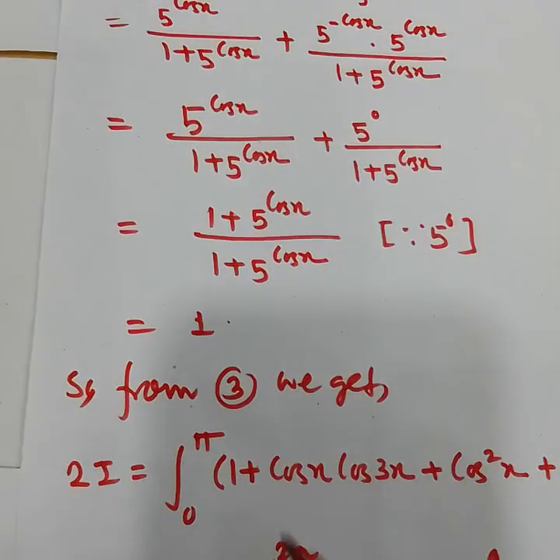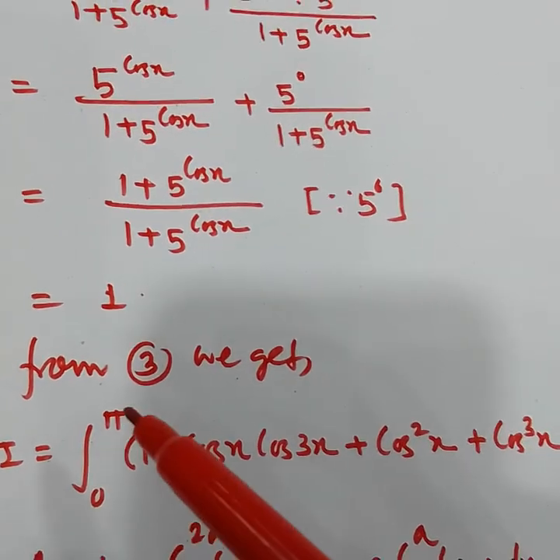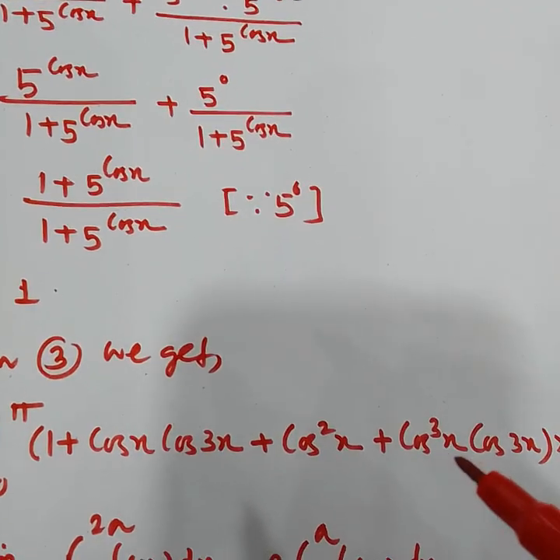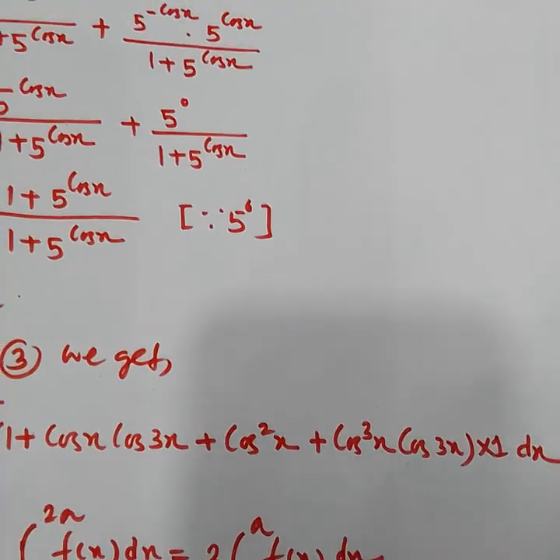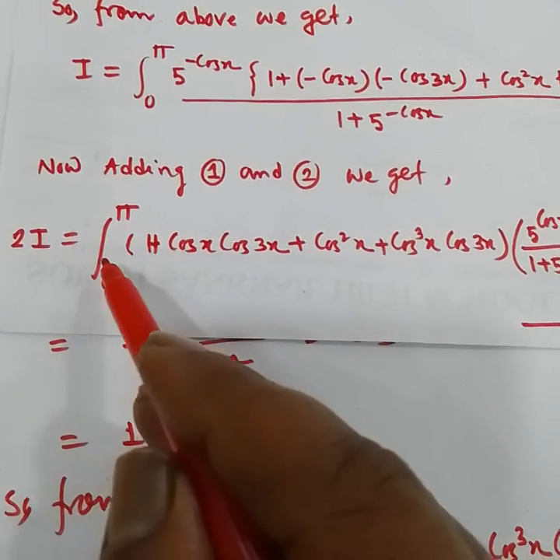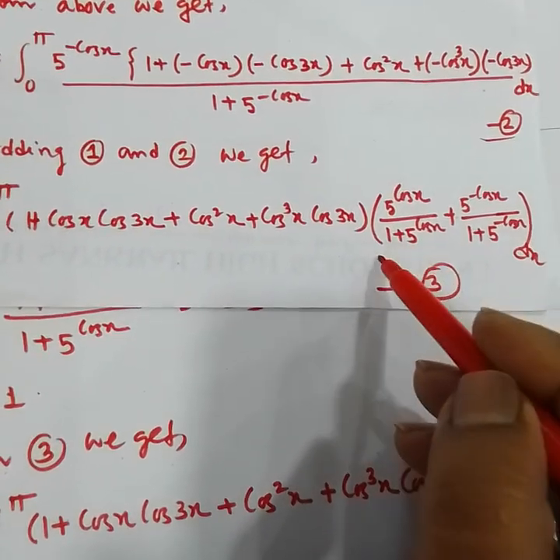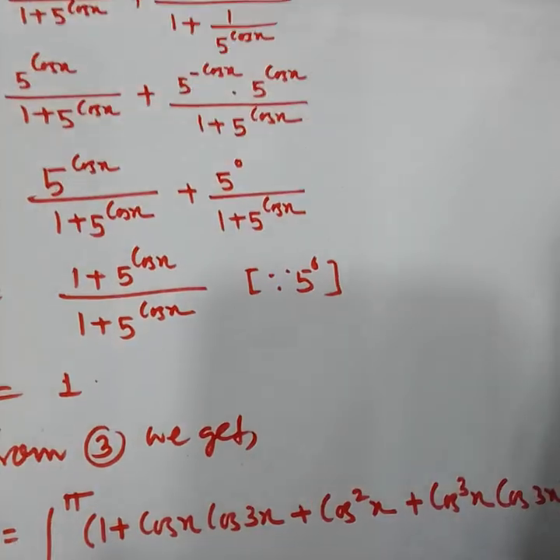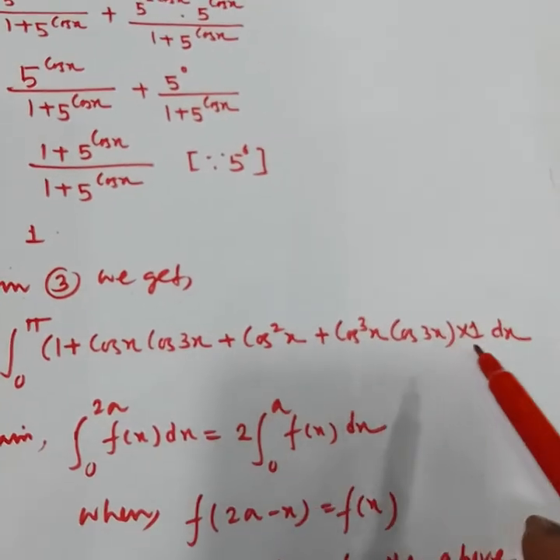So from equation 3 we get twice I equals the integral from 0 to pi of (1 plus cos x cos 3x plus cos square x plus cos cube x cos 3x) into 1 dx, because in equation 3, this expression becomes equal to 1. So we get twice I equal to this one.